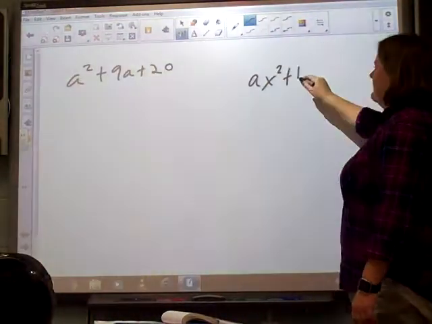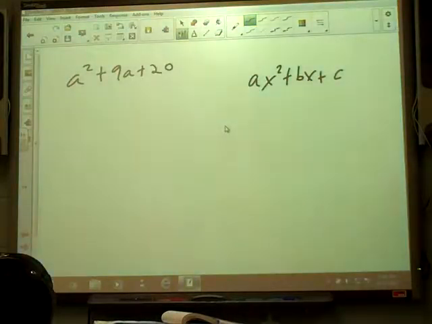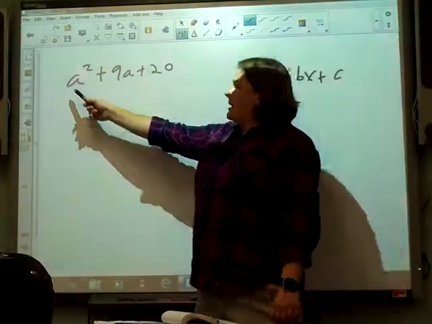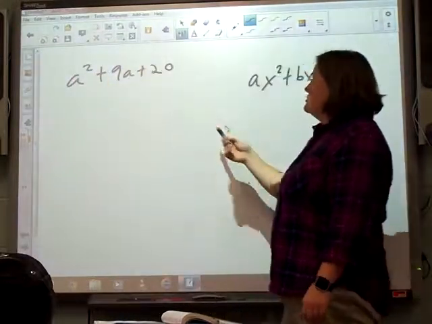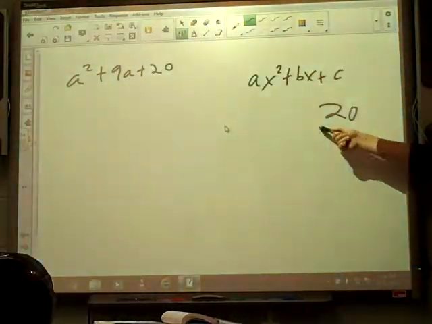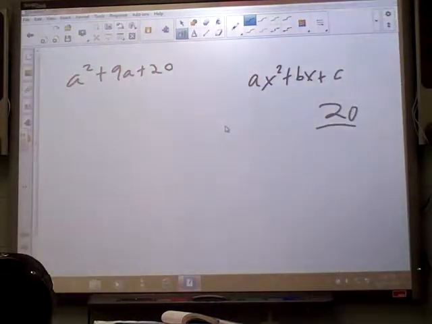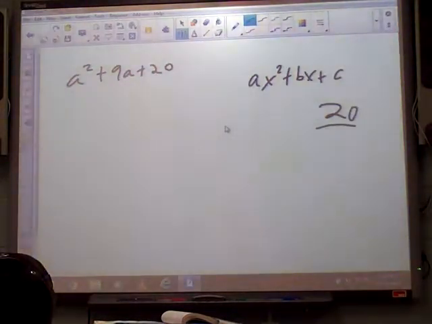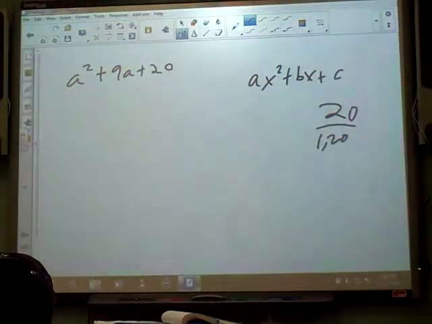Remember, standard form of a quadratic is ax squared plus bx plus c. So we take the product of A and C. What's my coefficient here in the A spot? 1 times 20. So I'm looking for the factors of 20 that add to B. Now that's easy. You already know them. I'm going to write them all this first time to show you, but you don't have to do this every time. I could multiply 1 times 20 to get a positive 20.